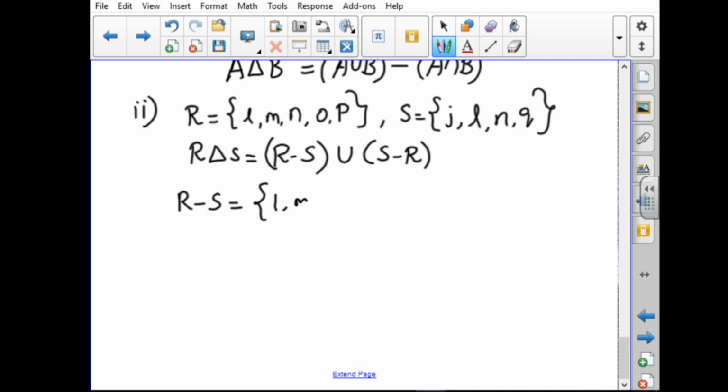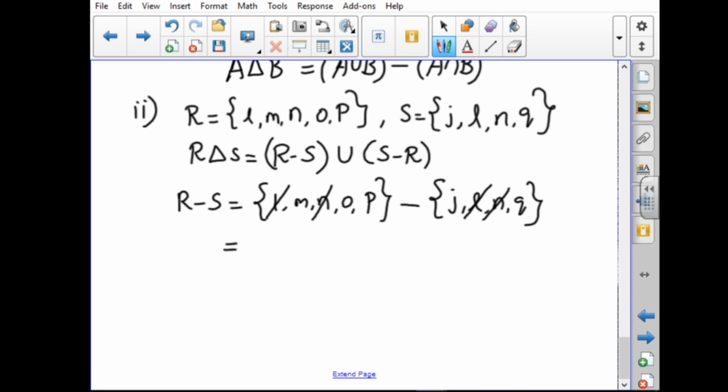L, M, N, O, P, difference S elements J, L, N, Q. L and N are the common elements, so you can strike them out. So what are the remaining elements of R? M, O, P. This is R difference S.